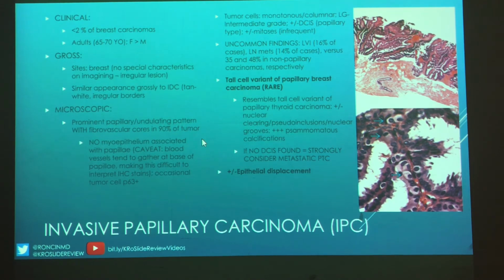There's a tall cell variant that looks exactly like PTC, with the nuclear clearing, pseudo-inclusions, orphan Annie nuclei and nuclear grooves. There will be lots of psammomatous calcifications, but there will be no DCIS. So if this looks like papillary thyroid and there's absolutely no DCIS, I would think about whether this is metastatic PTC from the thyroid, and which stain do you want to do?